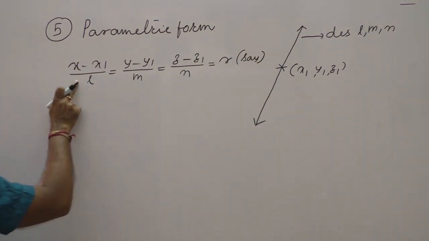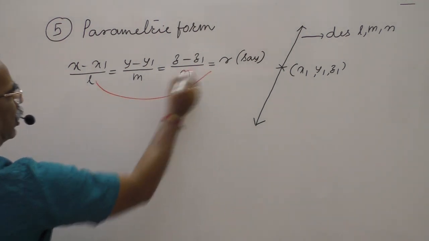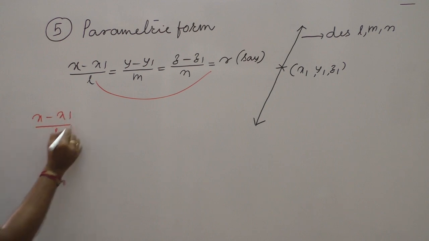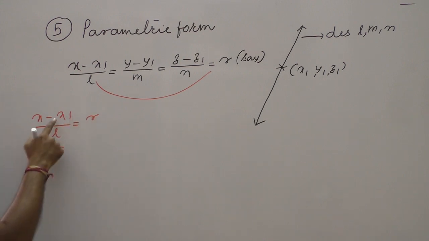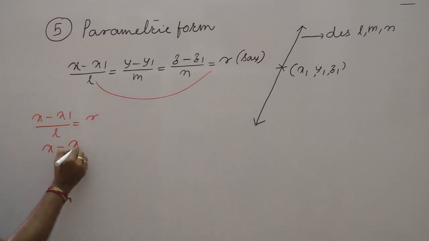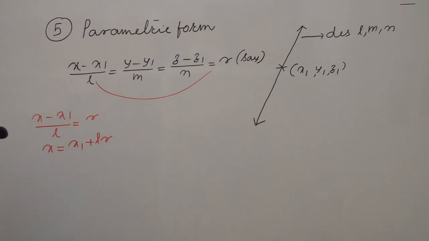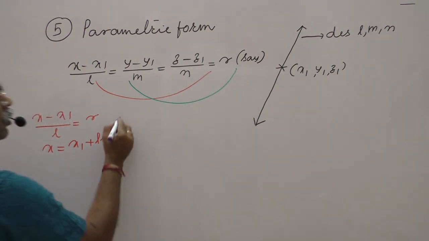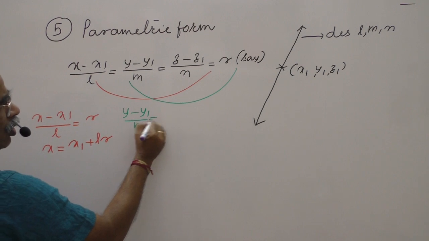From this, by taking first and last, I can write (x minus x1) by l is equal to r. This implies, if I write r on the right side, it becomes lr. Also I will write x1 on the right side, so I get x equal to x1 plus lr. Similarly, by taking second and last, (y minus y1) by m is also r.